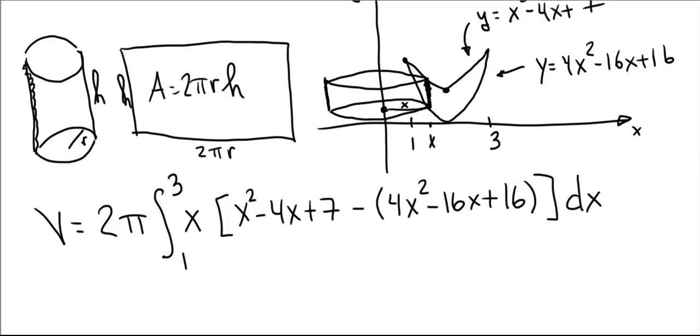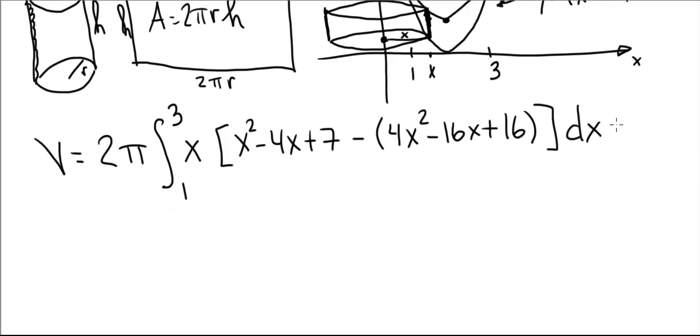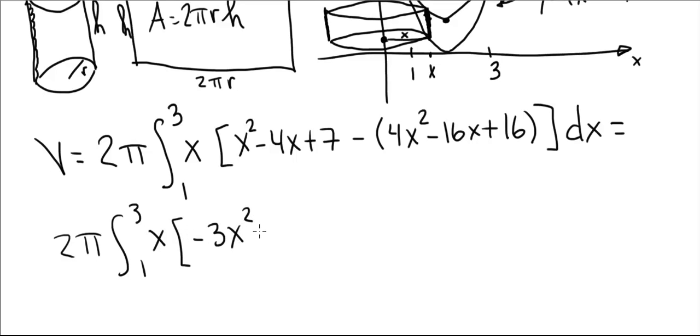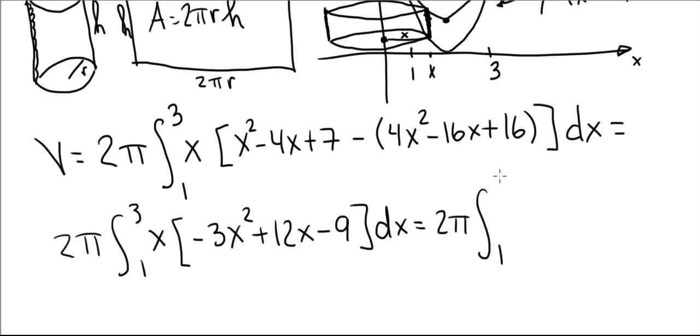So now it's a matter of evaluating this integral, and this is equal to 2 pi integral 1 to 3 of x times (negative 3x squared plus 12x minus 9). So let's go ahead and distribute the x. This is equal to 2 pi integral from 1 to 3 of minus 3x cubed plus 12x squared minus 9x dx.